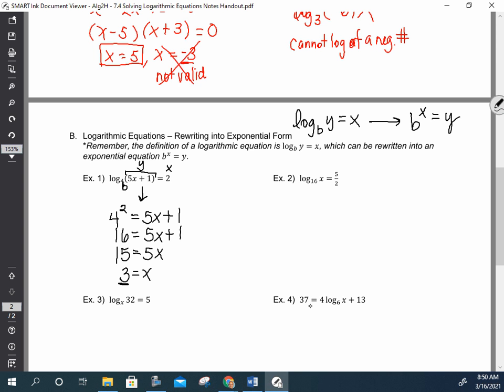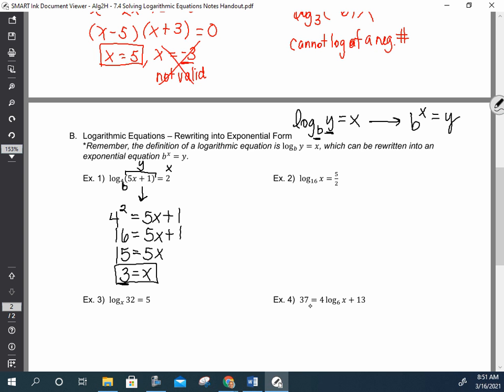So if you put 3 in there, 5 times 3, 15, plus 1, 16, we're good. So when it's in logarithmic form, the b component and the y component cannot be negative. X can do whatever it wants.